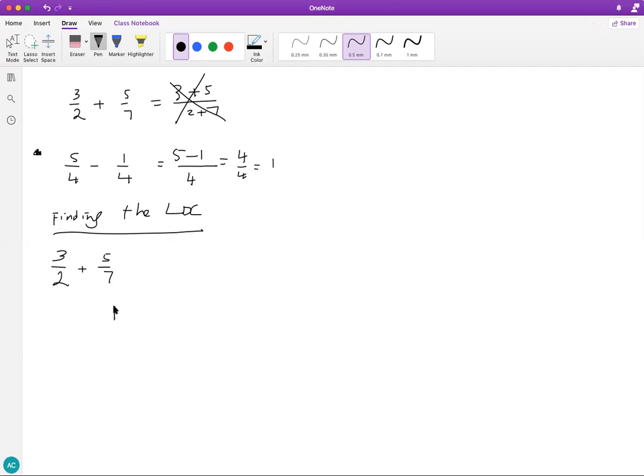A number that both of these can go into evenly, an even number of times. What number can 2 and 7 go into evenly? Or in other words, what's the common denominator for 2 and 7? Or the common multiple?